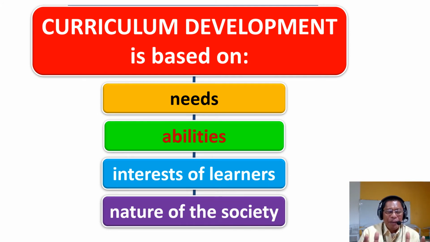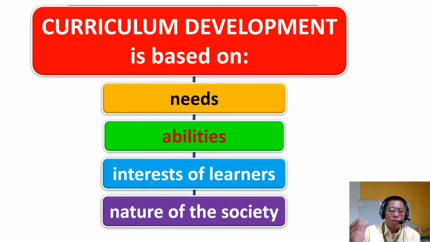So sa elementary pa lang, they are already taught how to use technology. They already have computer subjects, and their abilities included skills in using this technology, using computers, using the different programs or applications, using different equipment.